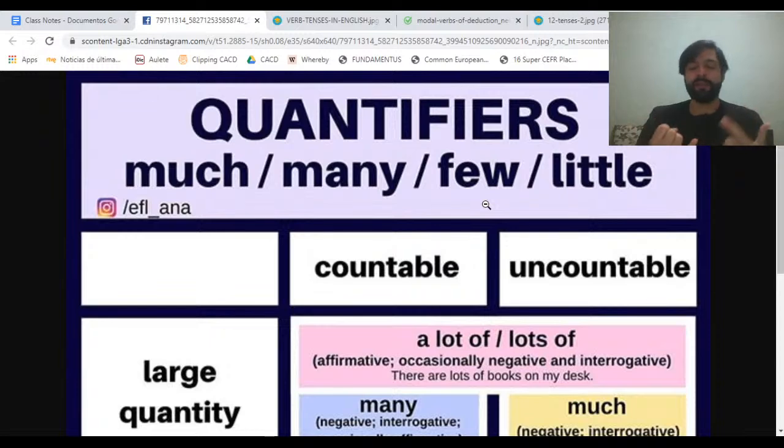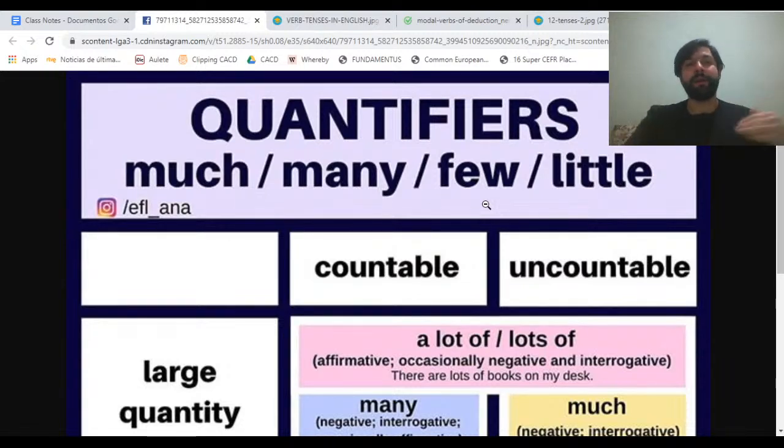We also have, as we discussed in class, every. Remember that when we use every day, every person, we always use every plus a singular noun. So every day, not every days. Every person, not every people.